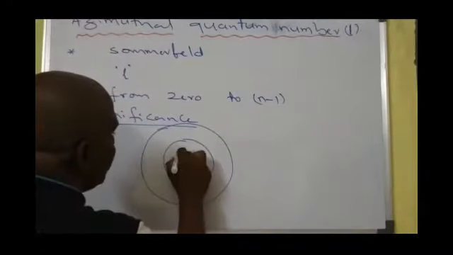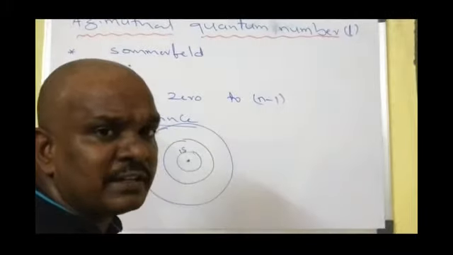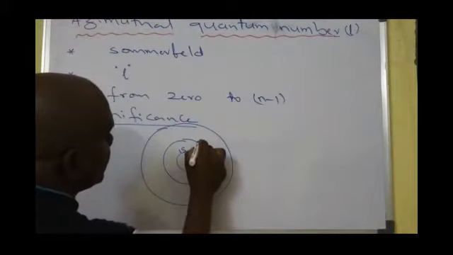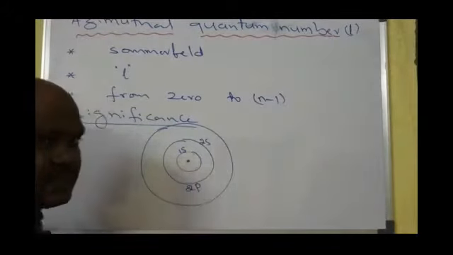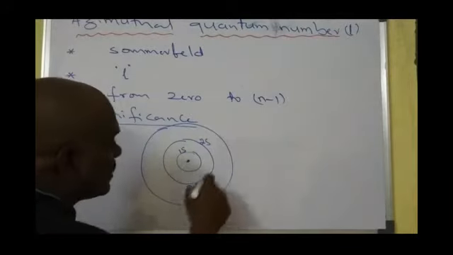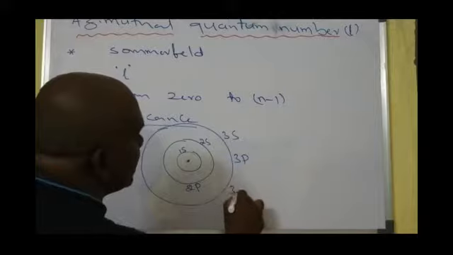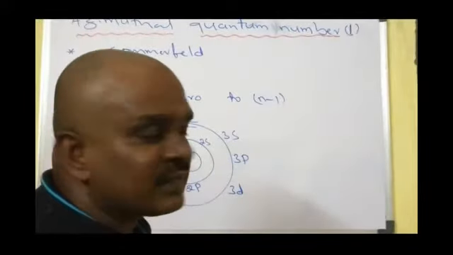In the first orbit, which orbitals are present? Only one s orbital. In the second, 2s and 2p orbitals are present. In the third orbit, 3s, 3p and 3d orbitals are present.